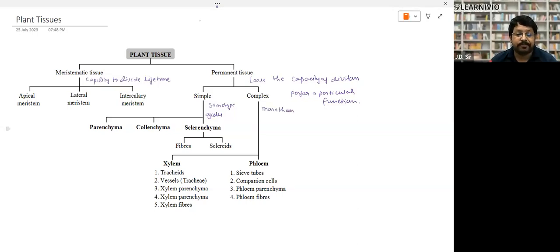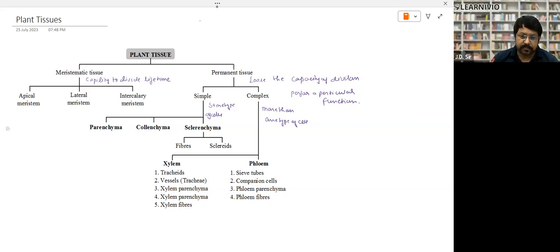Further, simple tissue has been divided into three categories: parenchyma, collenchyma, and sclerenchyma. Parenchyma and collenchyma are both living, but sclerenchyma is non-living, and it is further divided into fibers and sclereids, right?